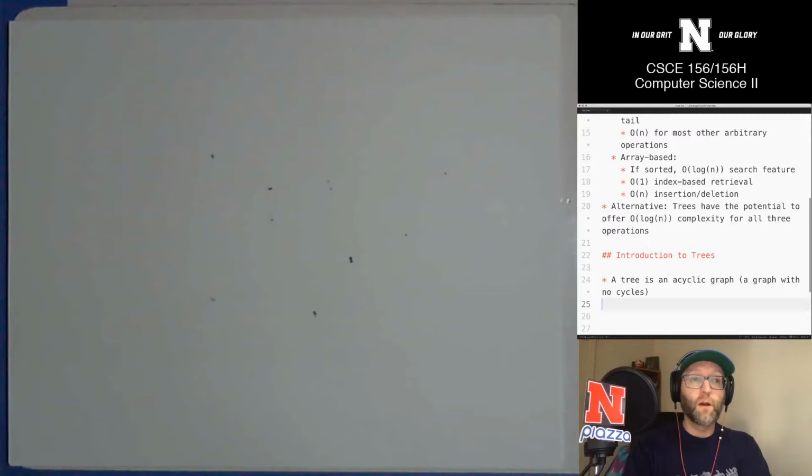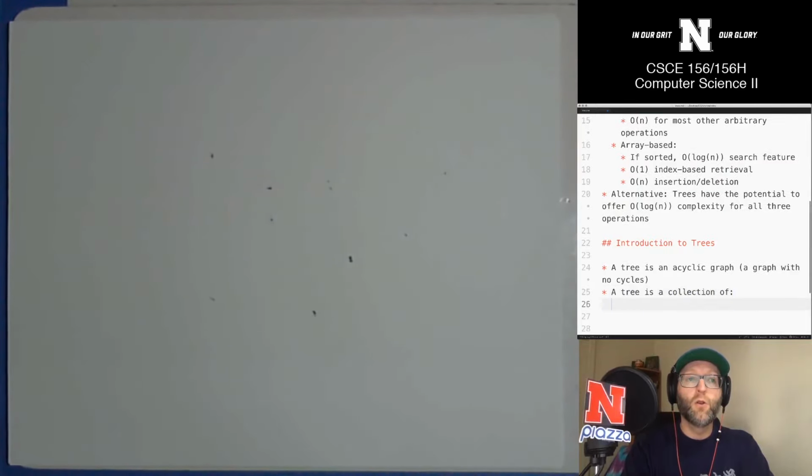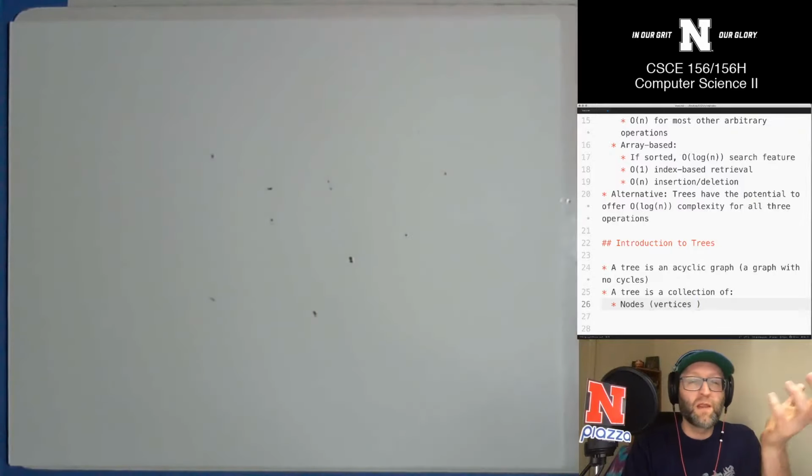For our purposes, we don't generally call them vertices in this context. For our purposes, a tree is a collection of nodes. Instead of vertices, we call them nodes, just a small point of technicality.